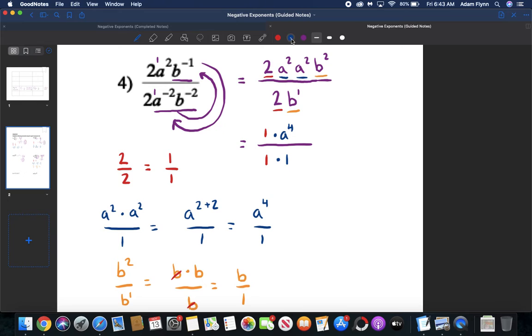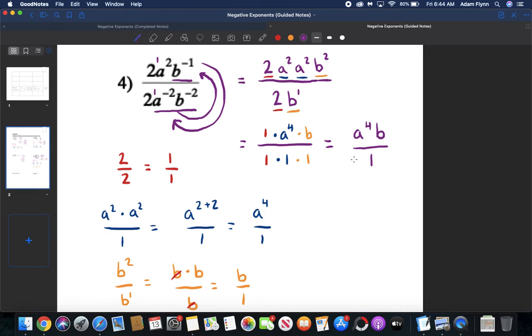And for my orange fraction, I had b over 1. Okay, so if I multiply the top and I multiply the bottom, 1 times a to the fourth times b is going to be a to the fourth b. Just smush them together. And 1 times 1 times 1 downstairs is just going to be 1.